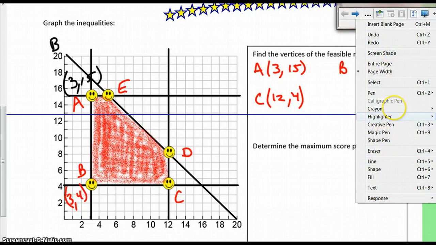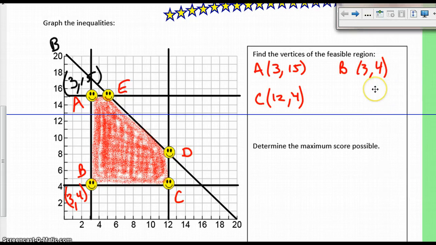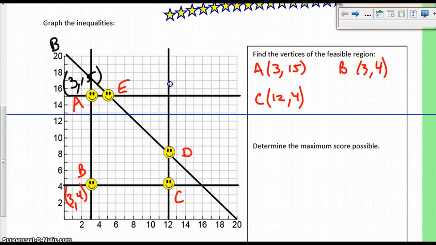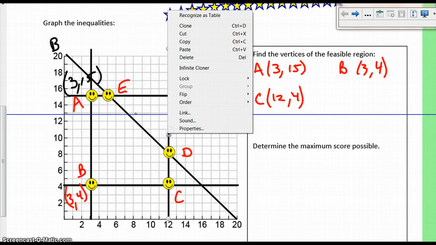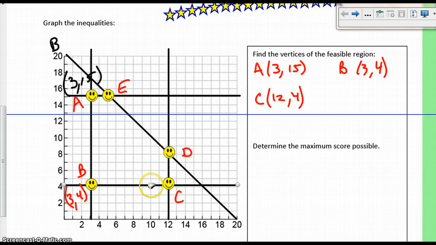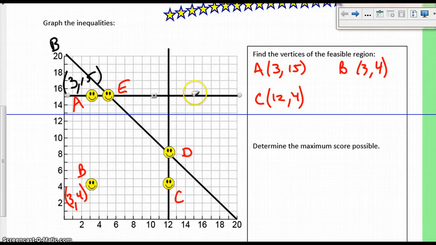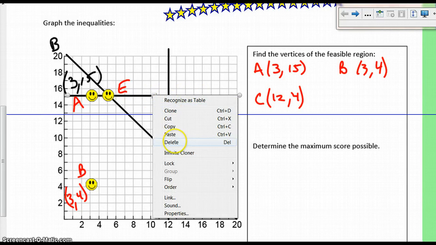So if I were to remove everything else from this graph, let's get rid of everything here and just focus on what we want to do. We want to find the intersection of just these special lines here. So I don't need this. Let's get rid of that. Delete. Let's get rid of that. Delete. Delete. We don't need this one. Delete.